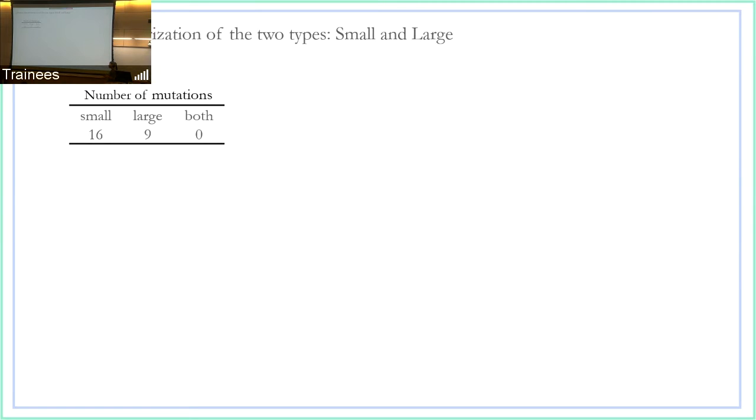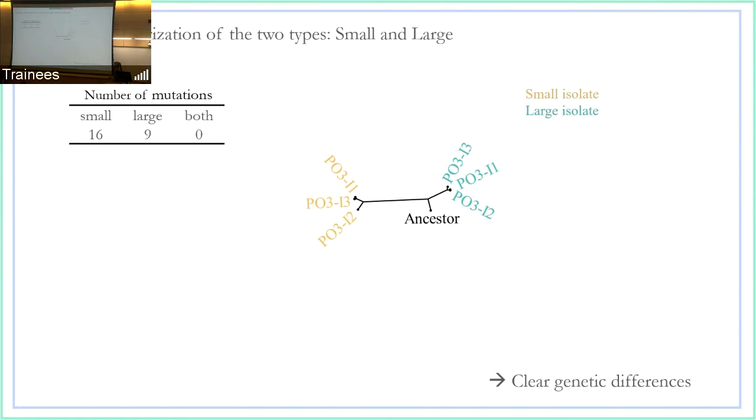Within the large, they were all sharing 9 mutations, but no mutations were shared between both. If we make a phylogenetic tree of the small ones in yellow and the large ones in blue, we see that the last common ancestor between both is the ancestor that started the experiment. So we found clear genetic differences.